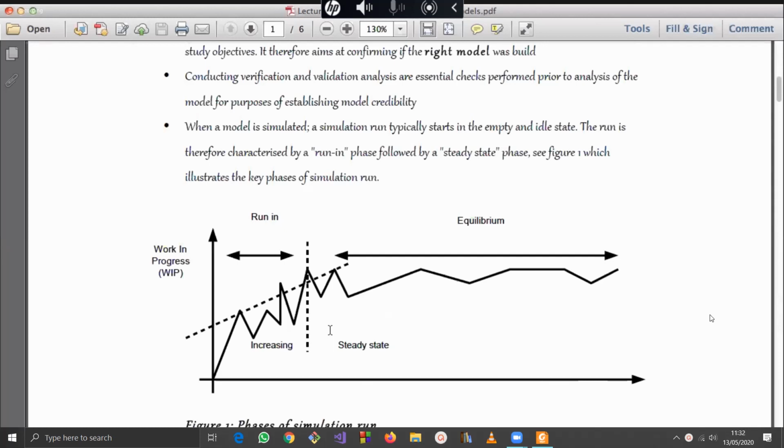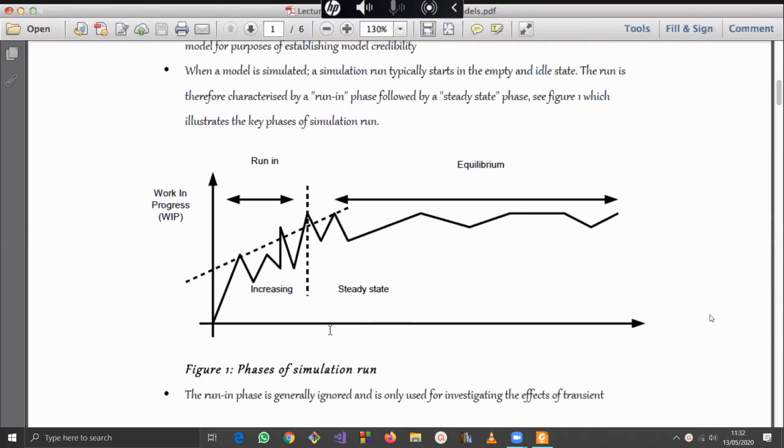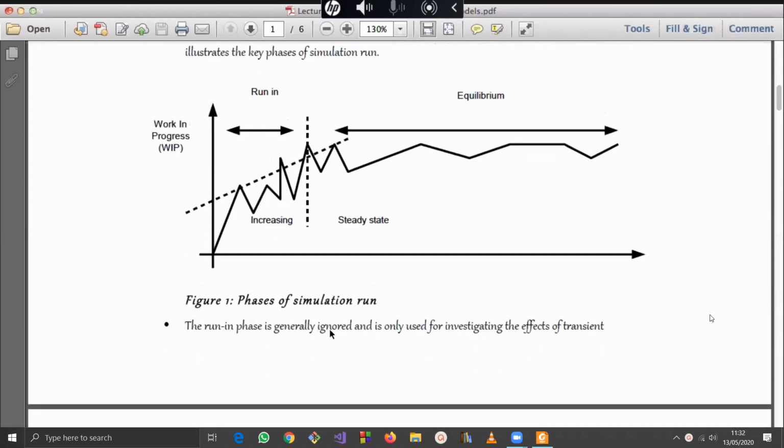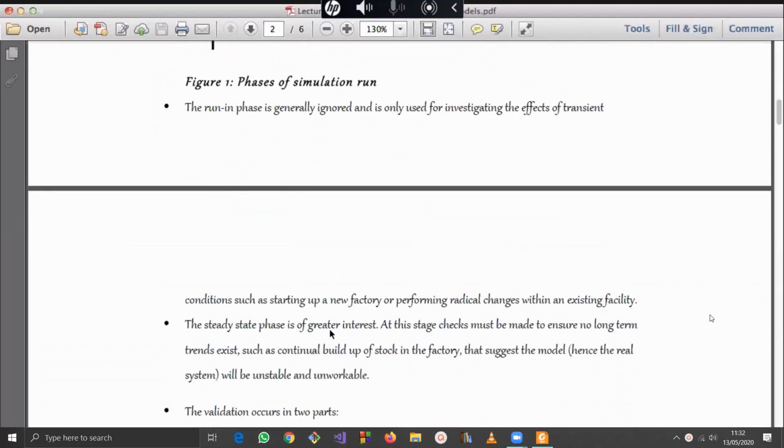And we said that the most critical phase here is the steady state, because in the steady state there isn't new development. In other words, there is no building of the model, but rather you are implementing the model and you are expecting your model to perform that which is expected. This is where you pay more attention. Otherwise, run-in is where there is active development and adjustments may be required.